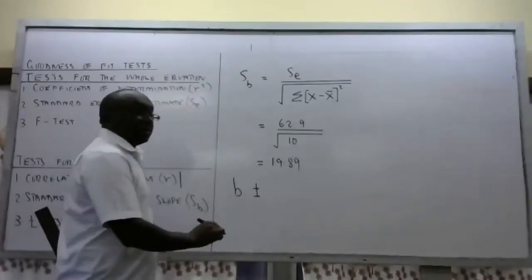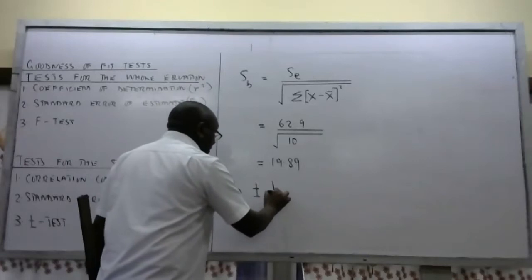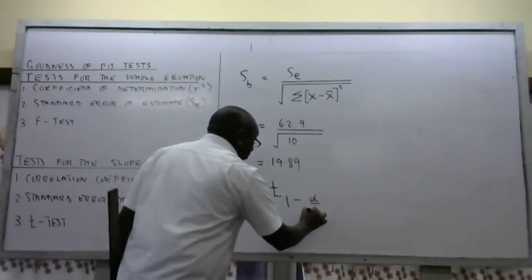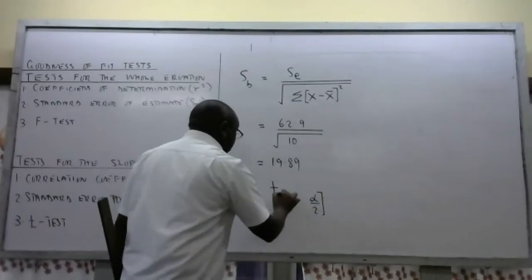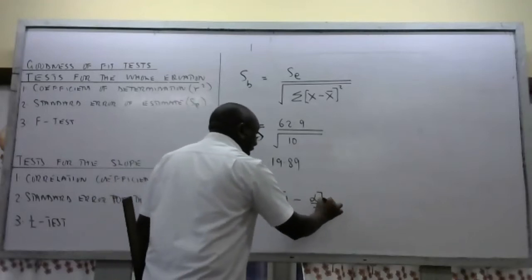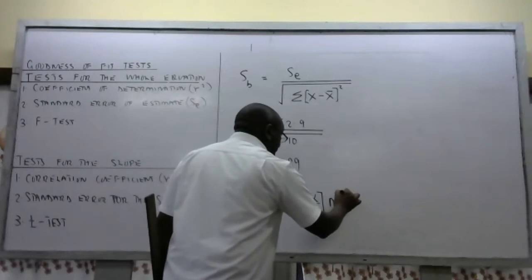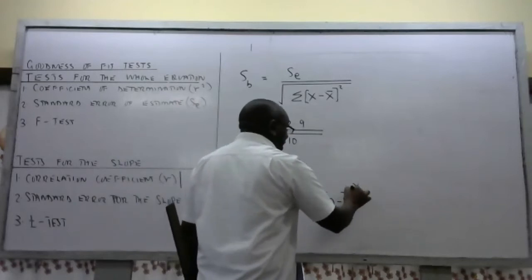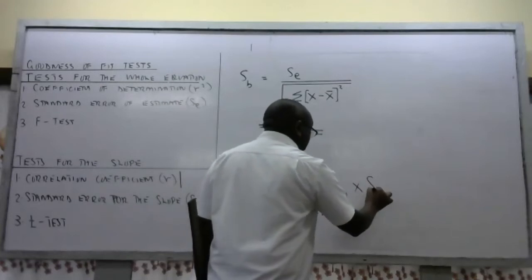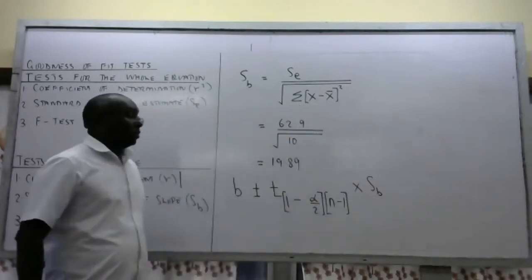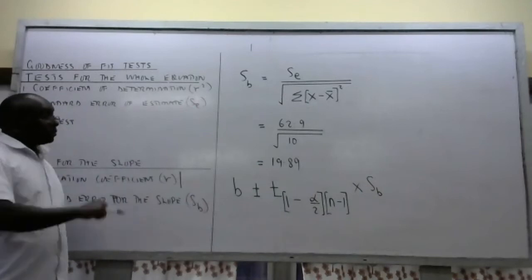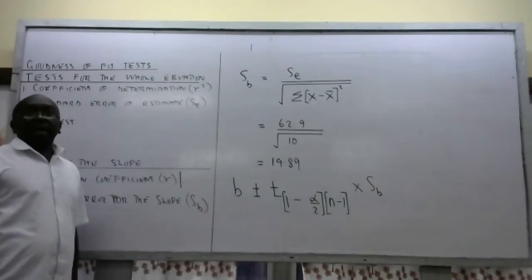B plus or minus T at 1 minus alpha out of 2, n minus 1, multiplied by SB.